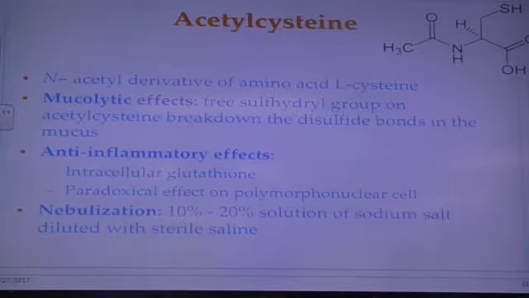It stimulates the function of the polymorphonuclear cell, so they can activate and engulf a foreign body or pathogen. It can be used systemically, like an injection, or as a nebulizer. Have you seen a nebulizer before? Yeah, it's just like a cocktail, right?